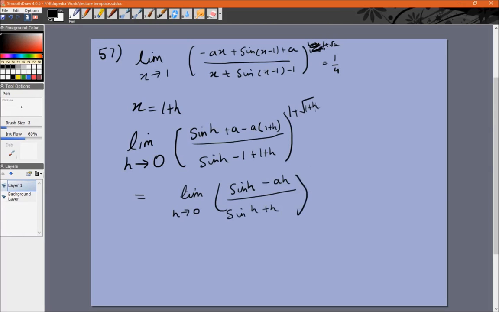And now we can just write it as to the power of 2, because h goes to 0, 1 plus h goes to 1, so this is 2.